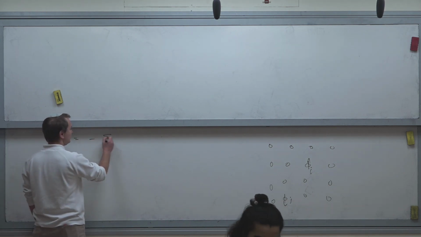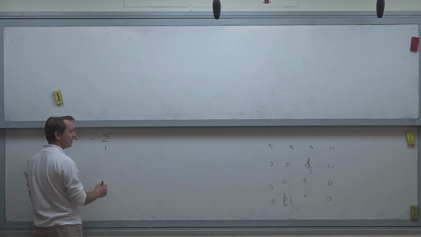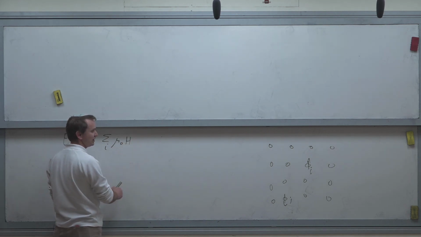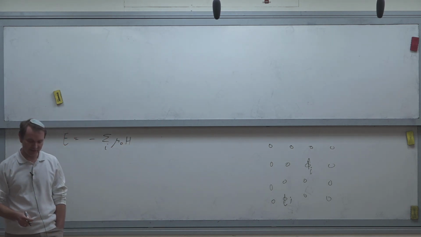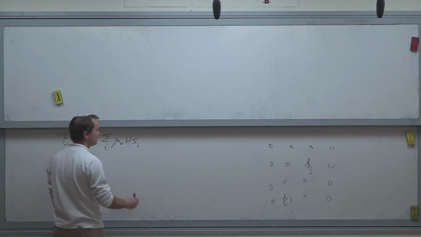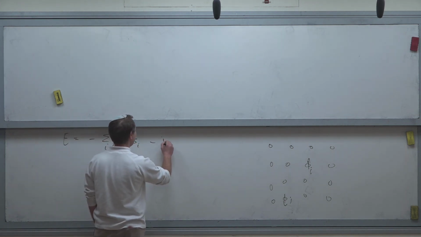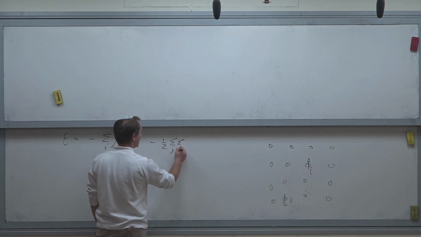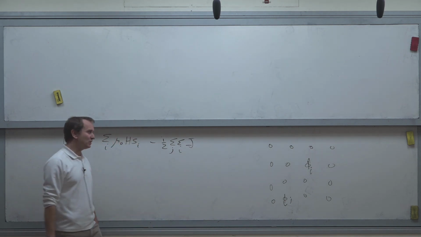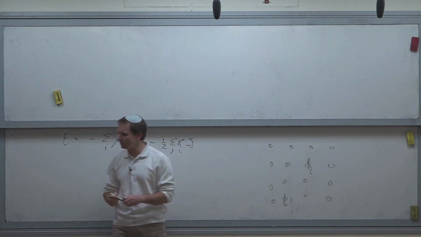is minus the sum over i of mu 0 H Si, where H is the external magnetic field, minus 1/2 the sum over j, sum over i, of the coupling constant J, which depends on the distance between the particles.